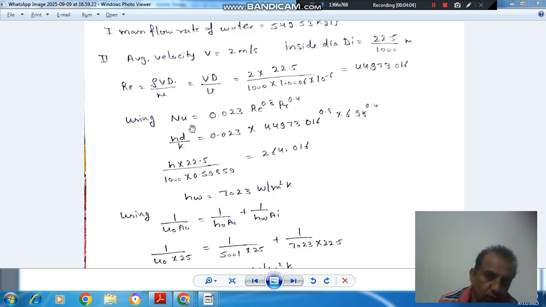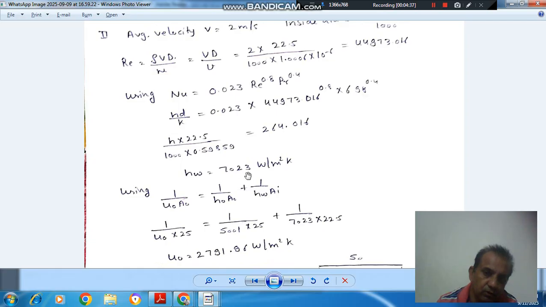Now we can use the given correlation for finding out h, that is Nu is equal to 0.023 Re to the 0.8, Pr to the 0.4. Prandtl number from the properties of water is 6.98. Reynolds number we have calculated, and k is also given, that is 0.59859, and d is 22.5 by 1000. So h comes out as 7023 watt per meter square per degree Kelvin.